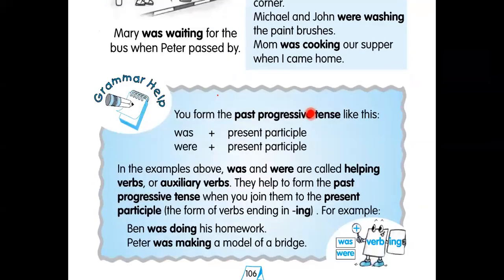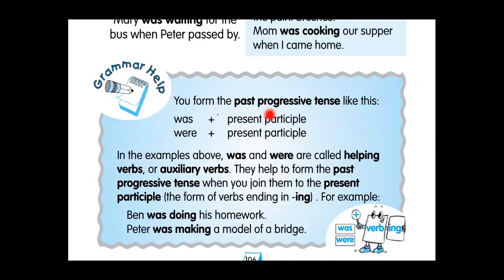Now let's see over here. You form the past progressive tense like this: was plus present participle. When you add ing to a verb, it is known as the present participle. In the examples, was and were are called helping verbs or auxiliary verbs.